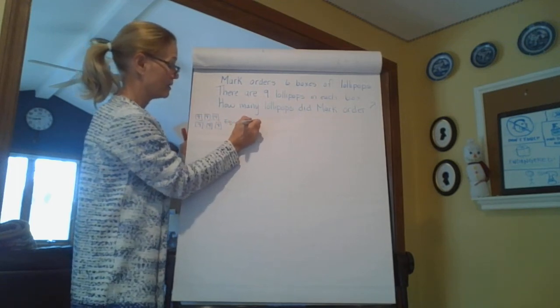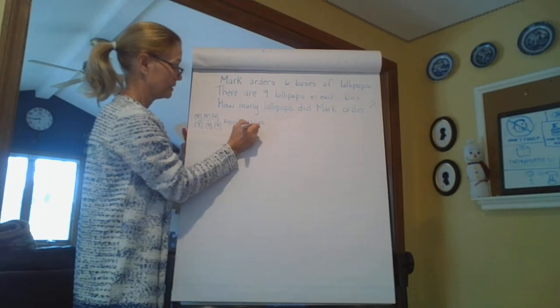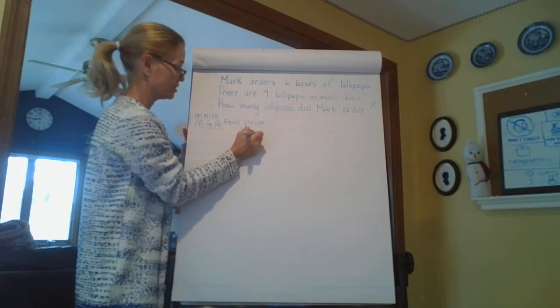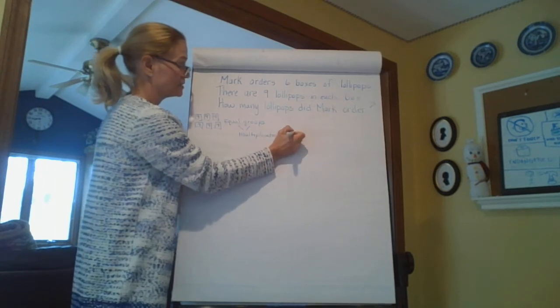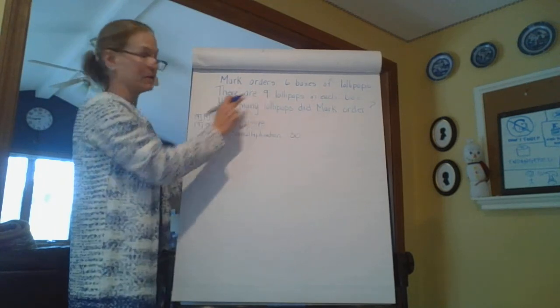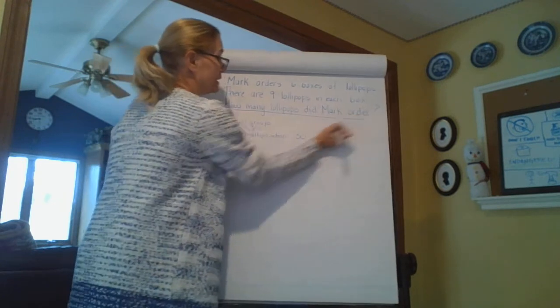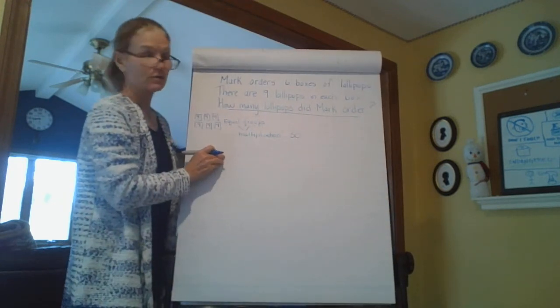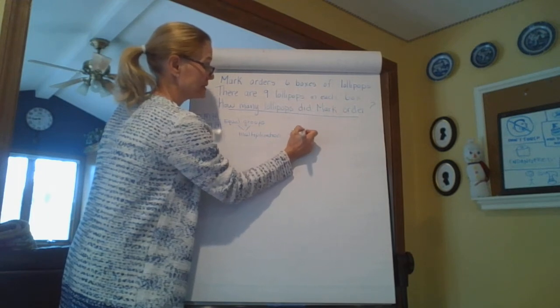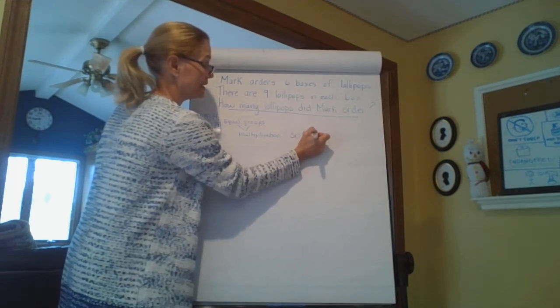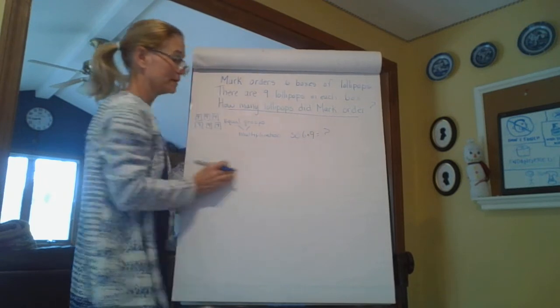And we know equal groups means multiplication. So, my problem to find out how many lollipops did Mark order is going to be 6 boxes with 9 in each, and I am going to want to find the answer.